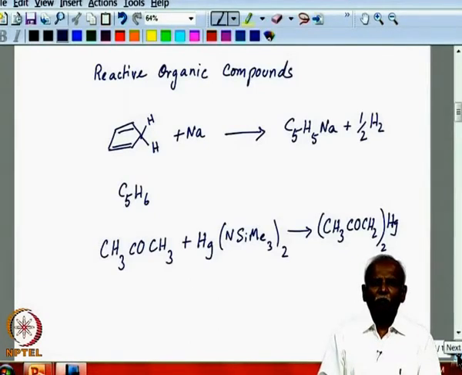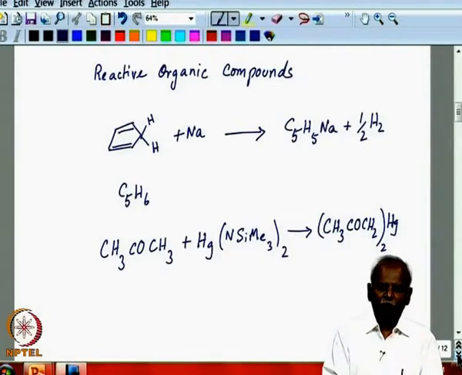So, if you do not have a very reactive metal, we should use a very reactive organic compound. An example for such a reactive organic compound, I have taken cyclopentadiene. Now, you know that cyclopentadiene is easily ionized as H plus and C5H5 minus, and that is because the C5H5 minus ion is aromatic and could be written with a set of delocalized bonds in this fashion with a negative charge.